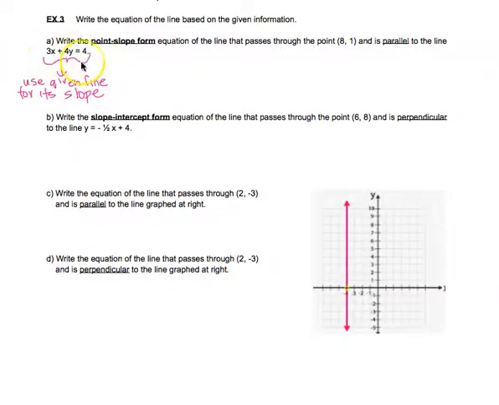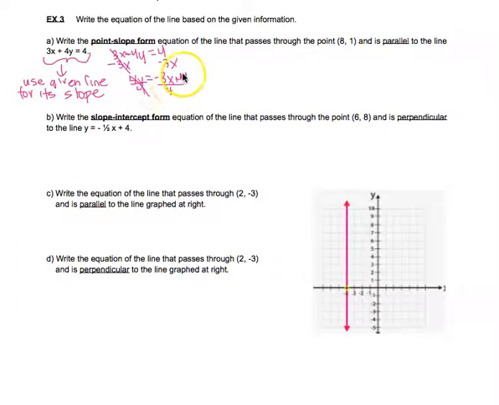So this equation happens to be given to me in standard form, which means that if I want its slope, the slope of a standard form line is always going to be the opposite of A divided by B, or you can just solve for y, which is what most people do. So if I solve for y in this equation, so 3x plus 4y equals 4, so minus 3x on both sides, and we've got 4y equals negative 3x plus 4, and then we divide by 4.